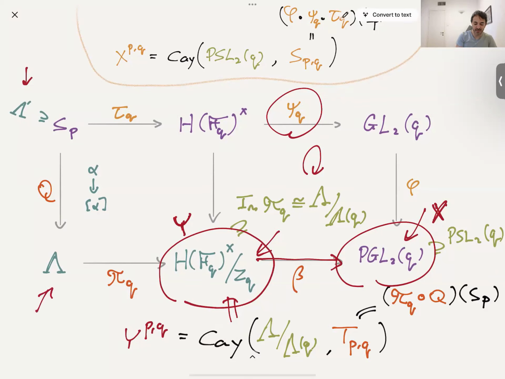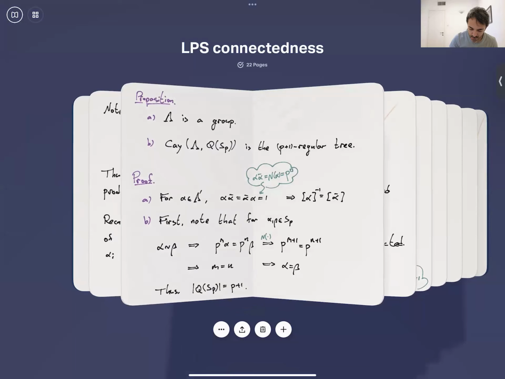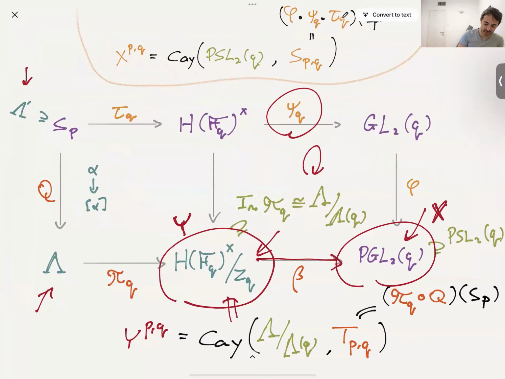So this is the vertex set, right? Yeah, Q of SP, exactly. So the graph here, if you take the Cayley graph on lambda and QSP, that's the p+1 regular tree.